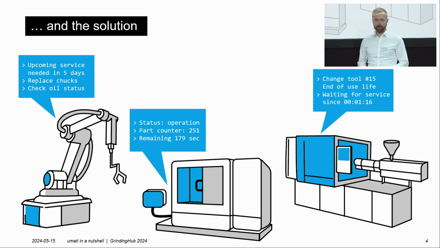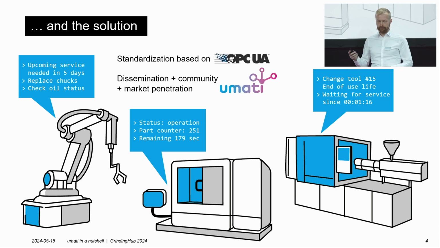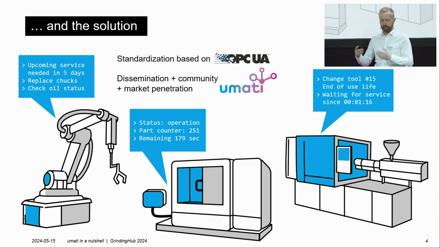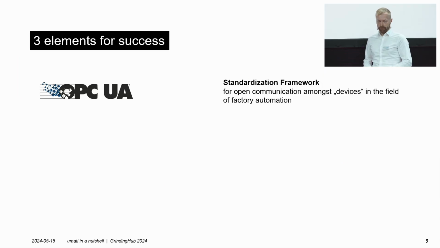The solution then would be to come up with a common language, and one option is the standardization based on the OPC UA. And Umati is there to help to disseminate and to promote the community support, as well as increase the market penetration. We believe that there are 3 elements to success in that.